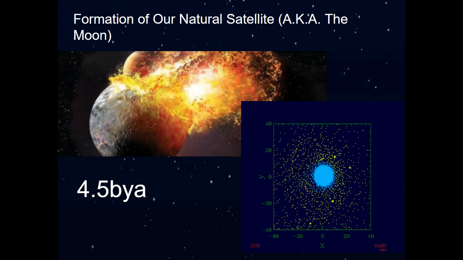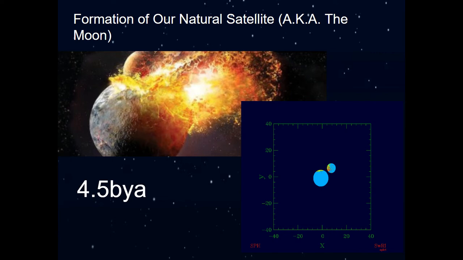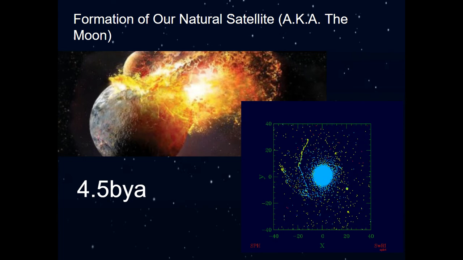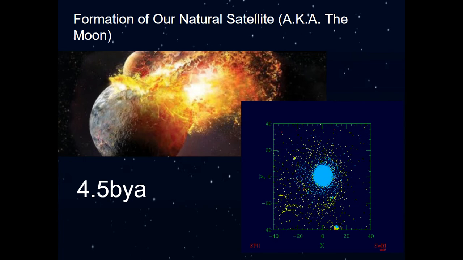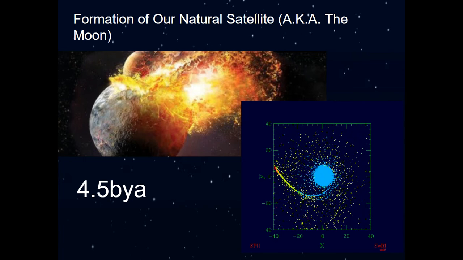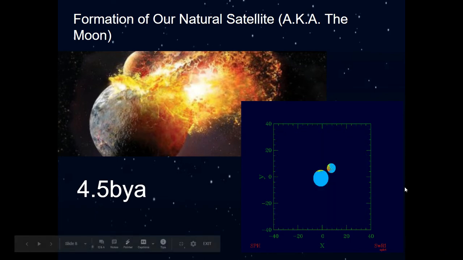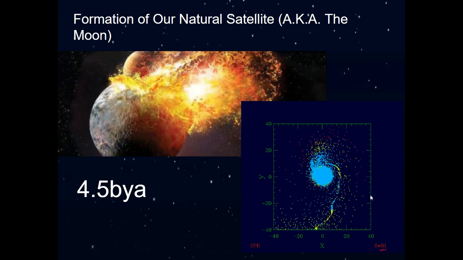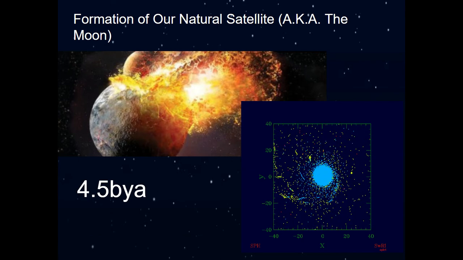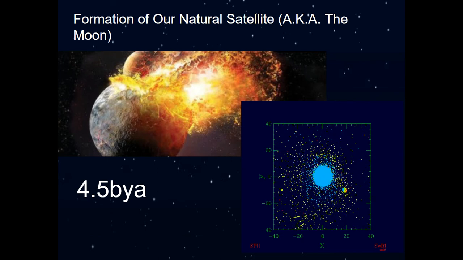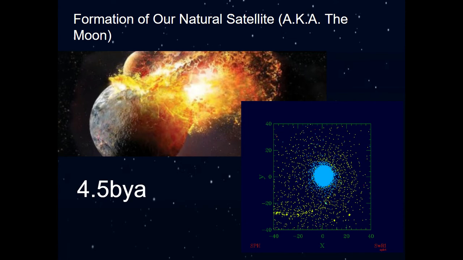And the early Earth probably had a molten surface at the time, during what we call the Hadean Eon. And because of that, there are objects flying around. We think a Mars-sized object, which we give the name Theia, hit the Earth, probably sideswiped it. Here's a computer model simulation of that, playing over and over again. And of course, parts of the Earth came back and coalesced to form the moon that we have.